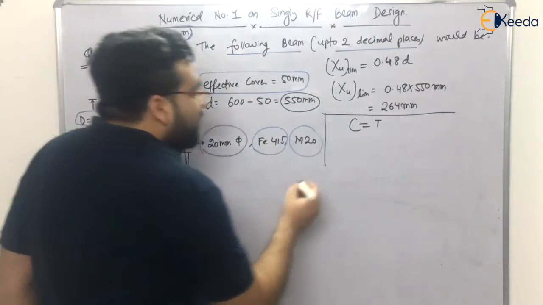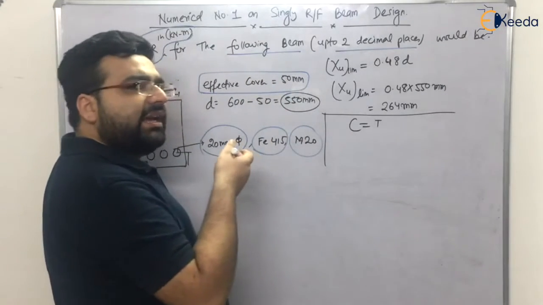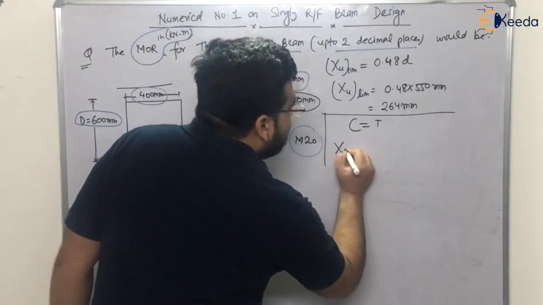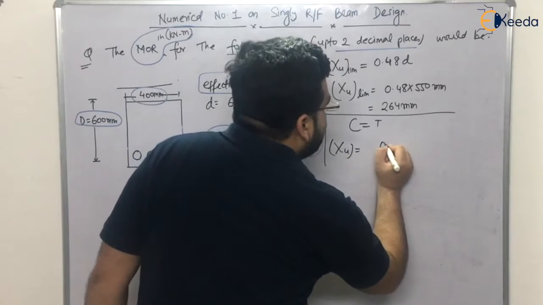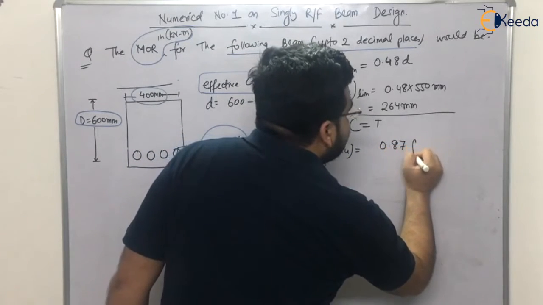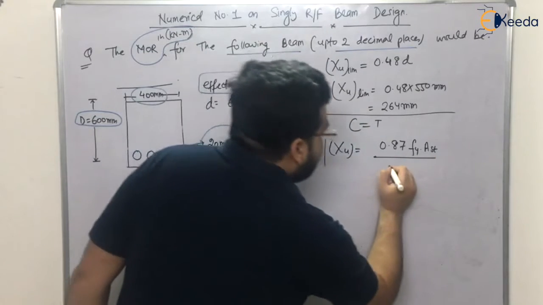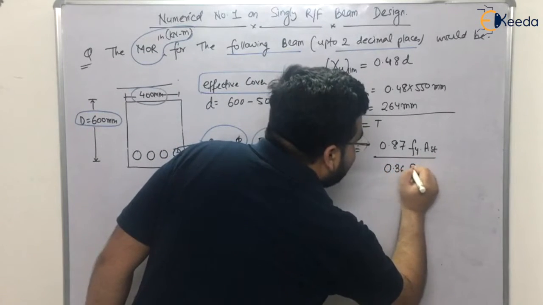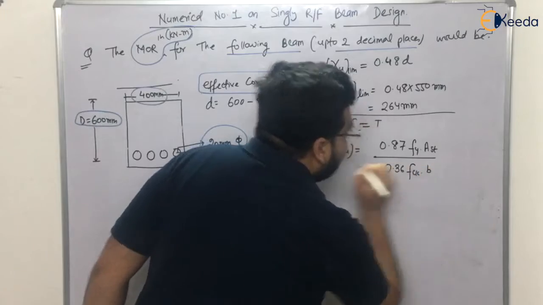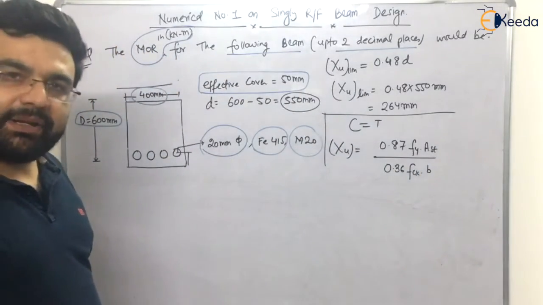Right? So the neutral axis, just now I gave the formula. The neutral axis XU is equal to 0.87 Fy into AST divided by 0.36 FCK into B. Simple, right?